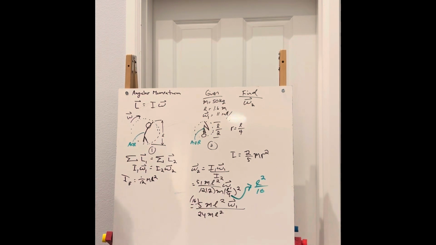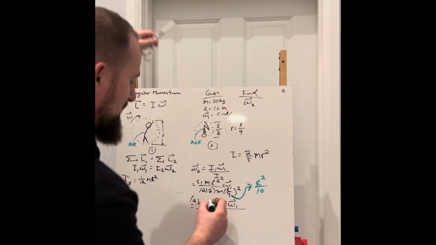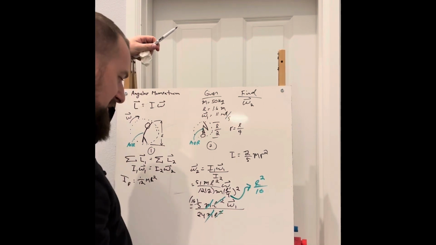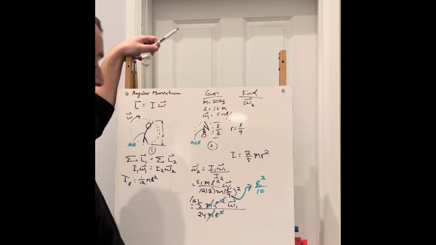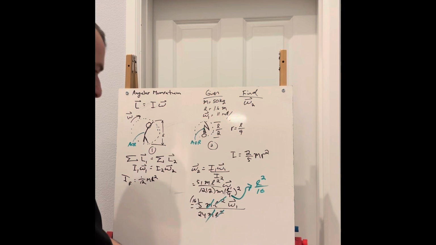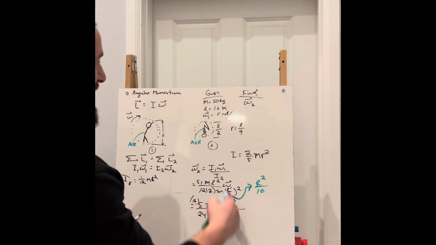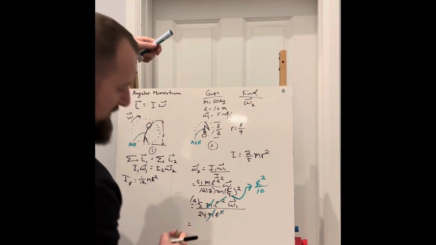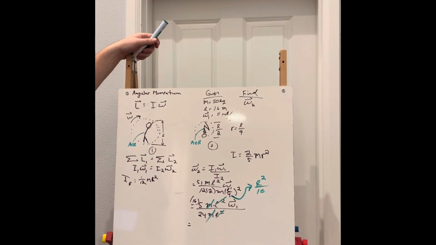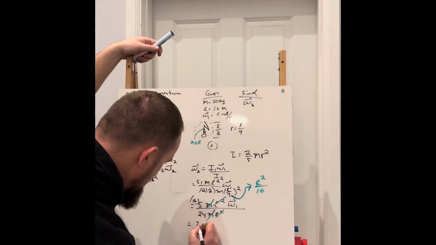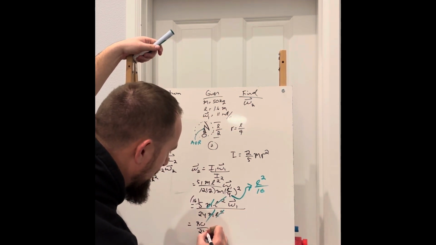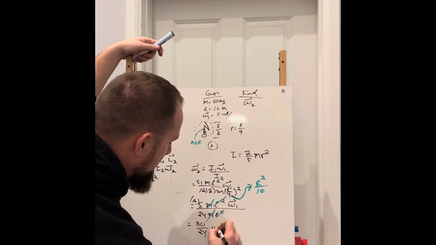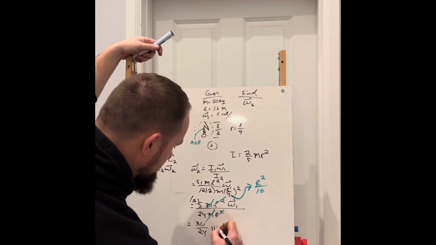Okay, and there are a few things we can notice that cancel out. We see that the mass cancels out. We see that the length squared cancels out. And now we're just left with some algebra and then plugging in our initial angular velocity. All right, so 16 times 5 is 80 over 24. And then our initial velocity was 11 radians per second.